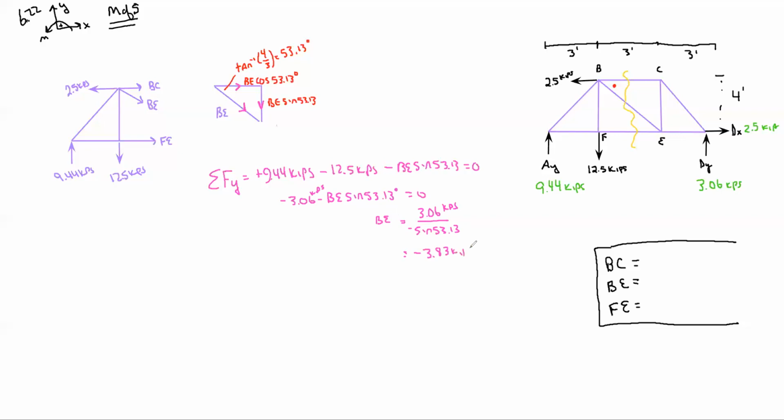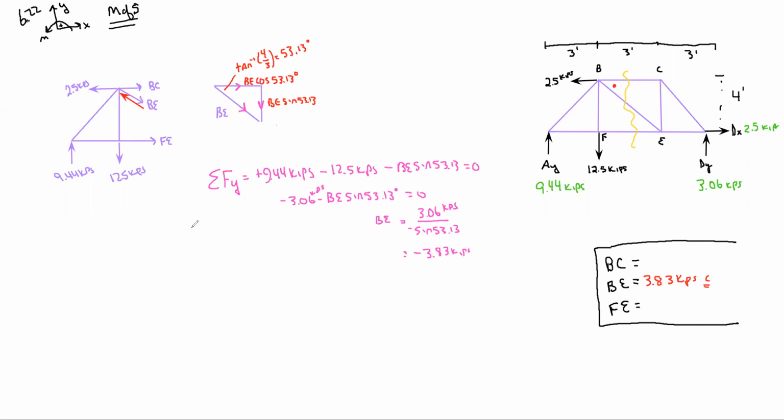The negative doesn't mean the force is negative, it just means the direction that I assumed for B was incorrect. So I'll go over there and correct that real quick. We've been using red for that, so we'll continue that. That is going into the pin, which would be a reaction to the member being in compression. 3.83 kips in compression.